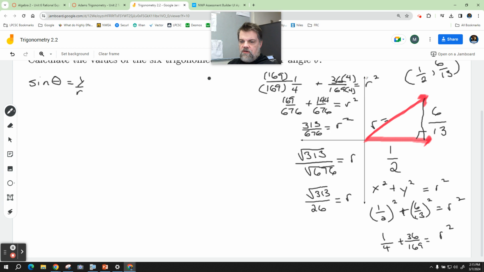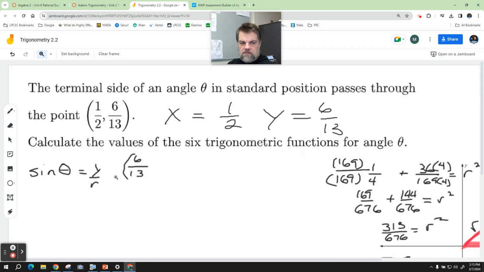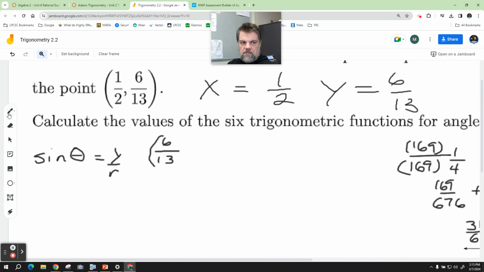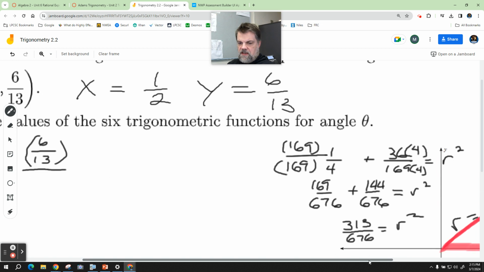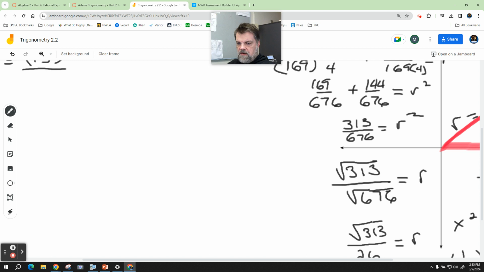Well, what's the value of y? Y is 6 over 13. I'm going to zoom in here. All over r, which we said was the square root of 313, and I've got to remember that I wasn't able to reduce that.